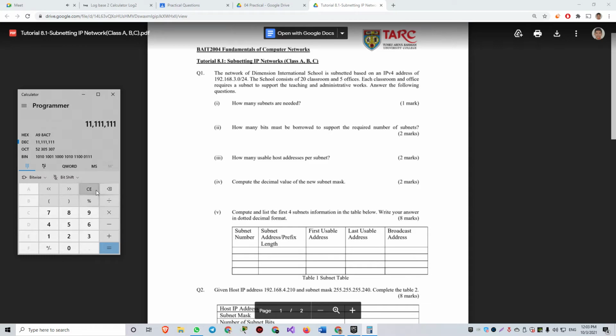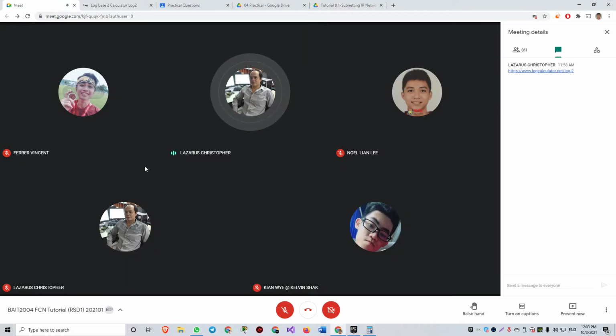Slash 24 is this because there are 24 bits in the network part and 8 bits in the host part. Now you are borrowing 5 bits from the host part, because you need 25 subnets.